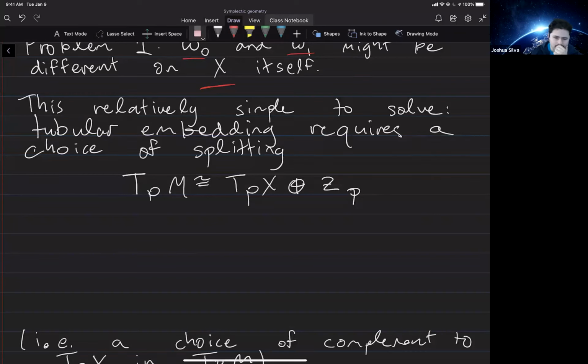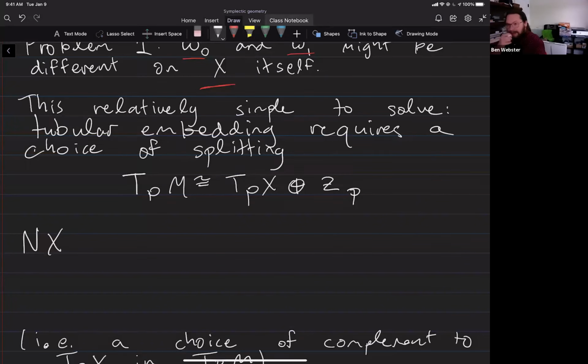Yeah. Okay, and right, so what I'm going to do is I'm going to take the normal bundle to X, right? And I can think of this as also the total space of Z_p.